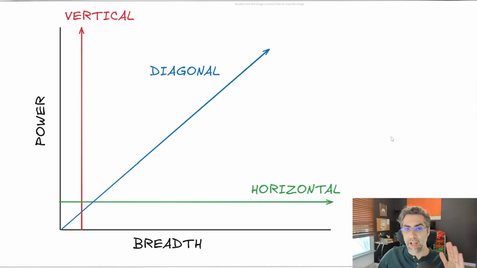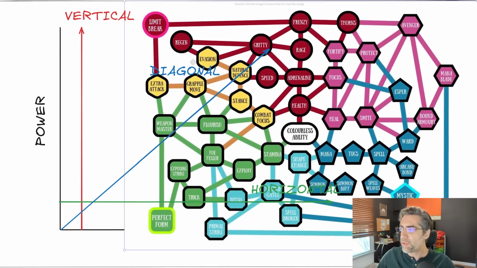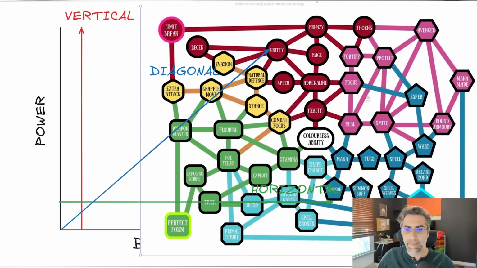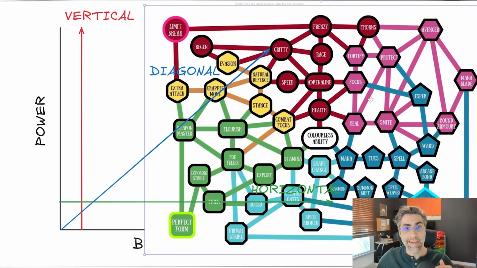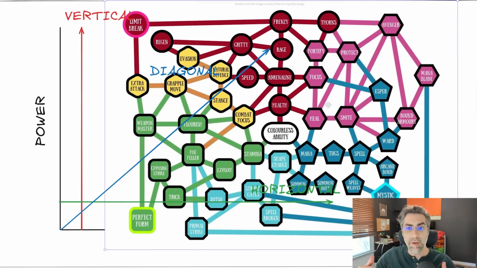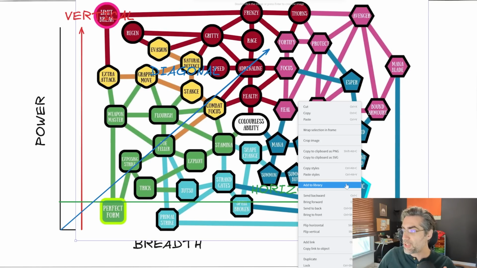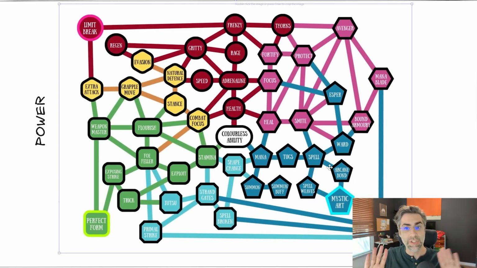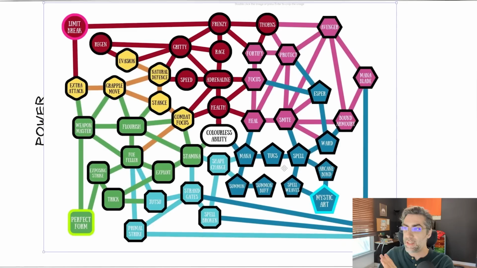Another example of a diagonal progression that I found really evocative is actually from the game Goblins that The Ugly Goblin, YouTuber, we'll put a link down to his channel below for those that may not be familiar, is working on. Now this is still very much in an early alpha stage, so forgive some of the early stage things, but what he's doing for his game is a talent tree.